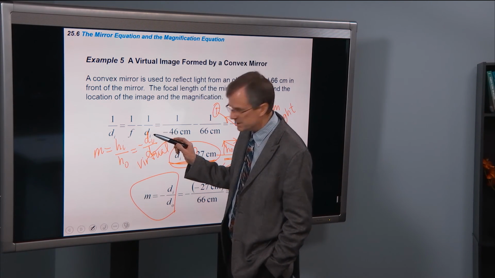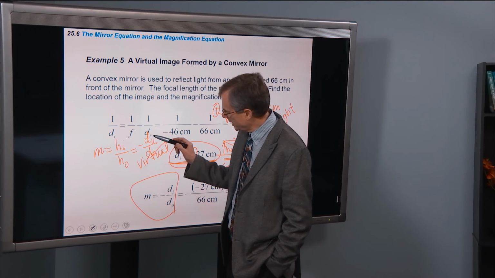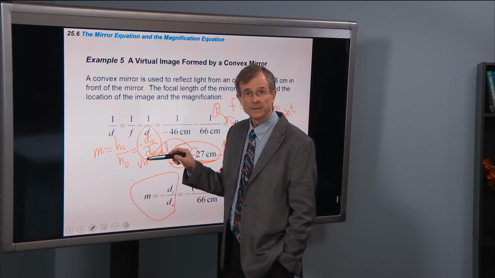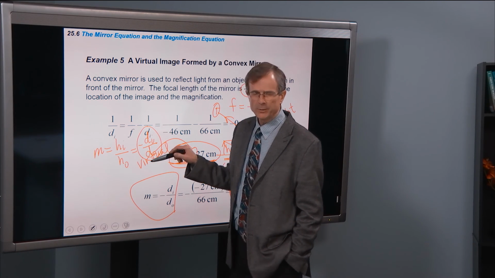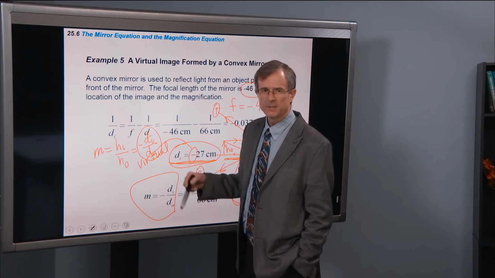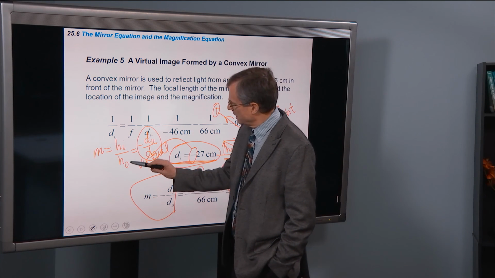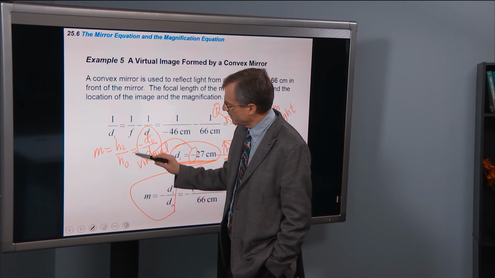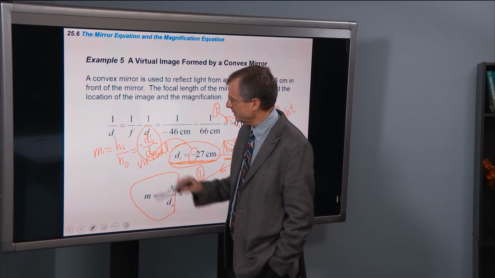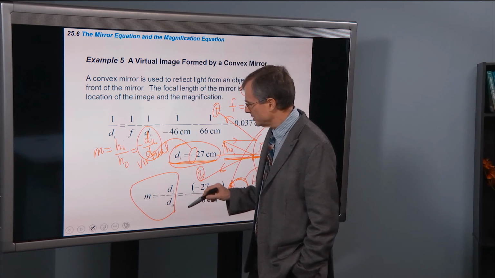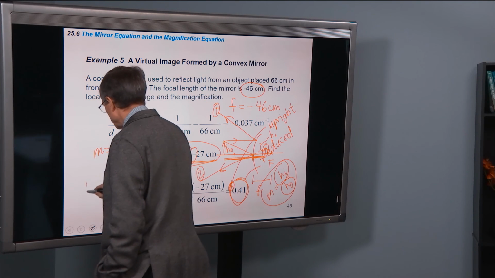Because if the image distance, this d_i here, is less than d naught, then this number is going to be less than 1. The absolute value of this number would be less than 1. It might be positive or negative, but we're just talking about the absolute value. Then that says that the image height is less than the object height. Anytime, let me write it one more time.